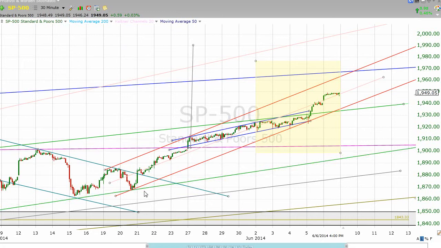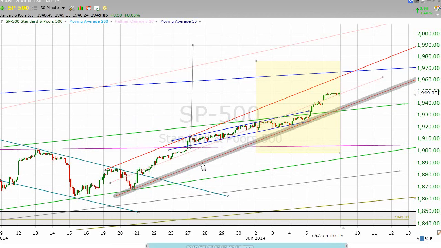As a matter of fact, I think this blue channel was actually a flag where there was so much pent-up buying energy, whether it's right-headed or wrong-headed, it's there. So much buying energy that even the flag didn't go sideways or pull back.